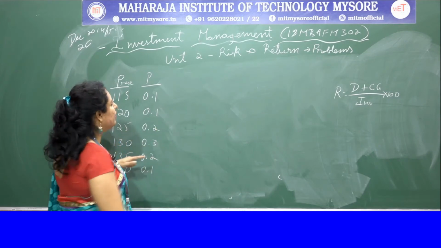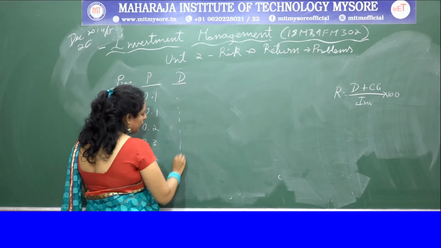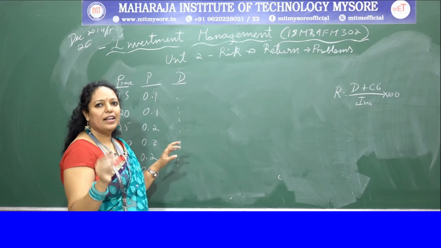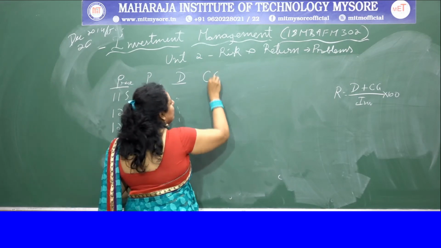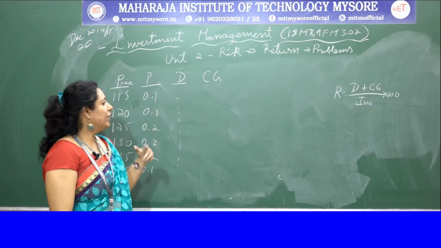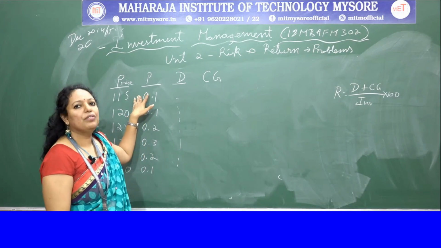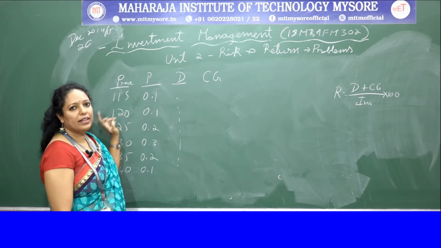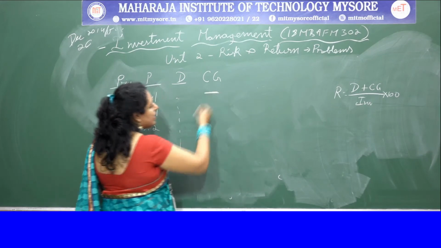So when they say dividend and capital gain, I'll put a dividend column. Dividend column is nil. Reason, they have only said there is no dividend being paid. Then we'll go to capital gain. When we calculate the capital gain, we always compare the current price with the previous one. So 120 minus 115, 115 becomes the base year.